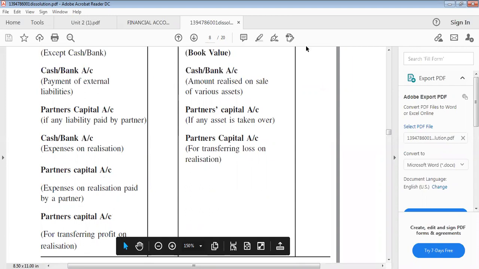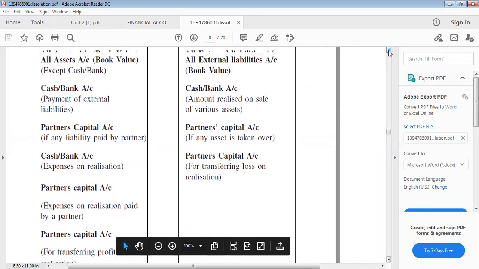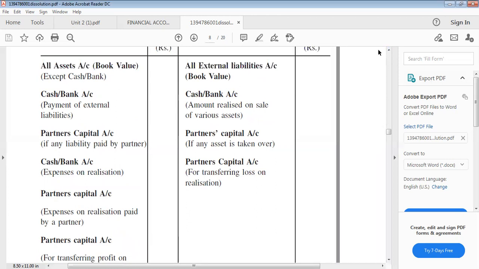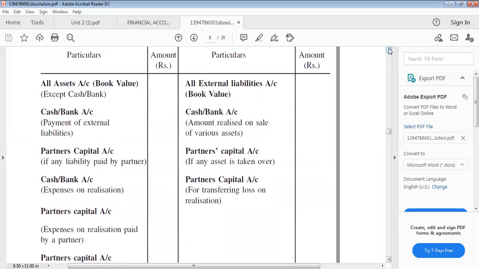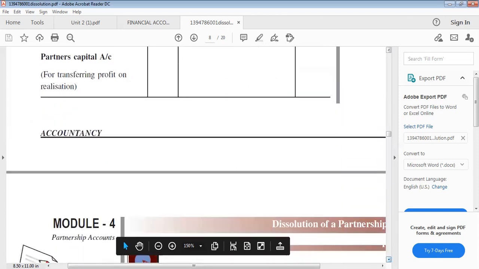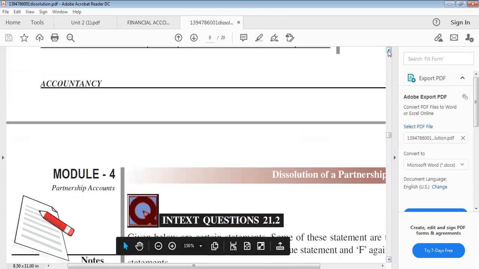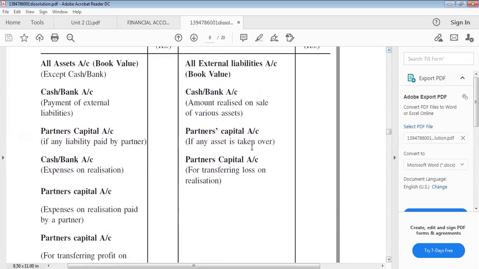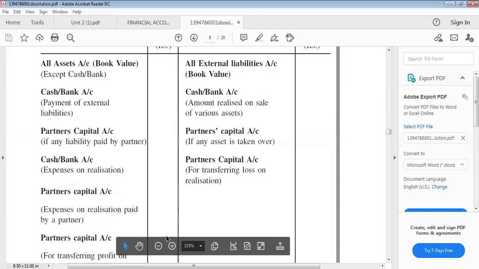Then you have amount realized on sale of various assets. Partners' accounts if an asset is taken over, and partners' accounts for transferring loss on realization. So please write down this format.